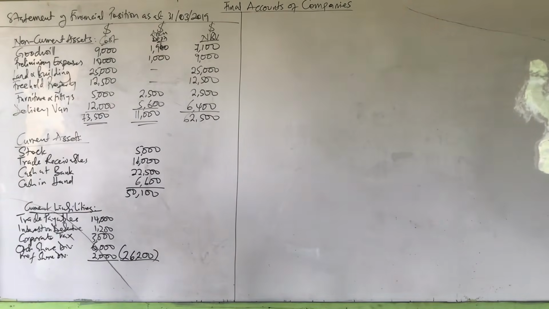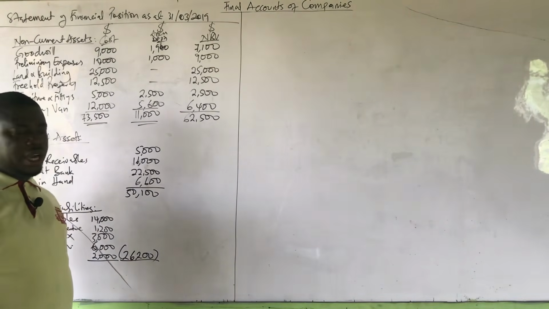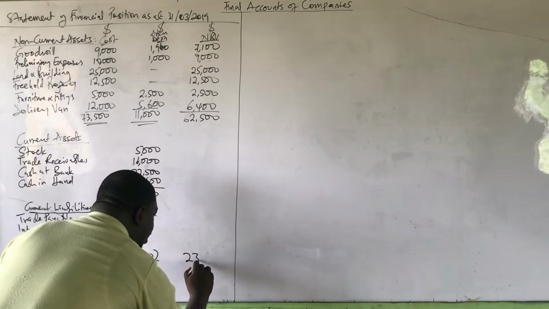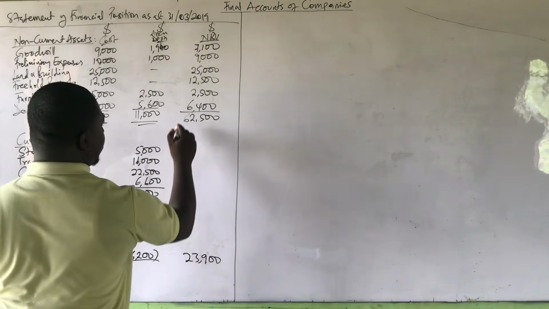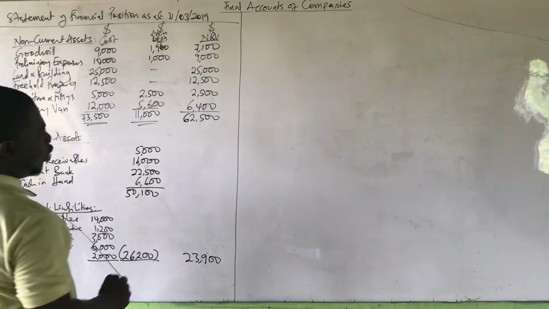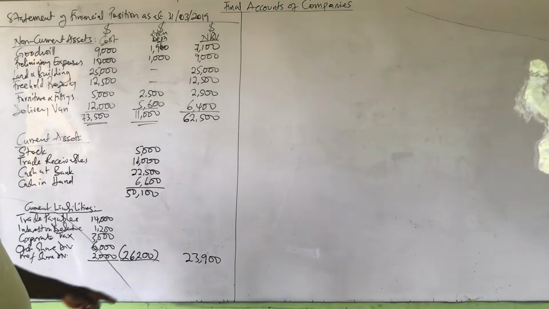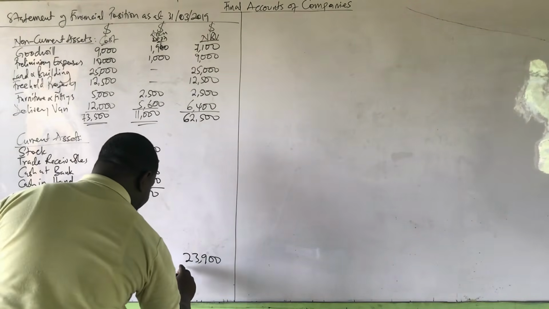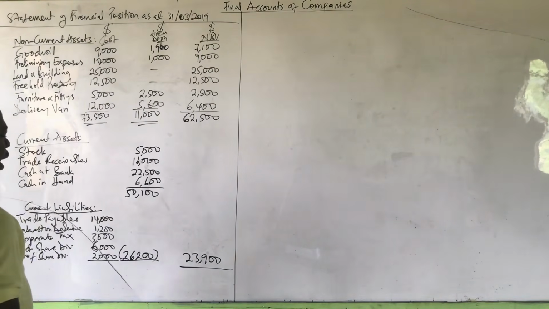When we subtract that from our total current assets, we get our working capital. And the working capital is $23,900, which we add to the total non-current assets to get our capital employed.